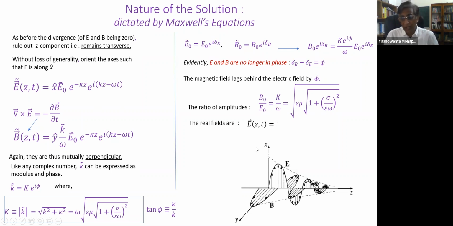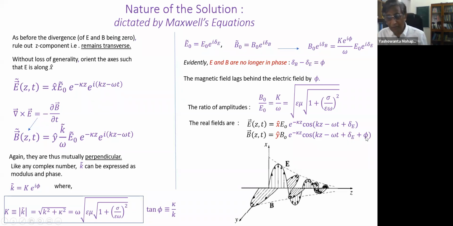Okay, so you can write down the real fields as x-hat E naught e to the power minus kappa z, a decaying real exponential with a phase constant delta E associated with the electric field, and B(z,t), these are the real fields, pointing in y direction, B naught with magnitude going down exponentially with kappa z, and delta E plus phi constant.